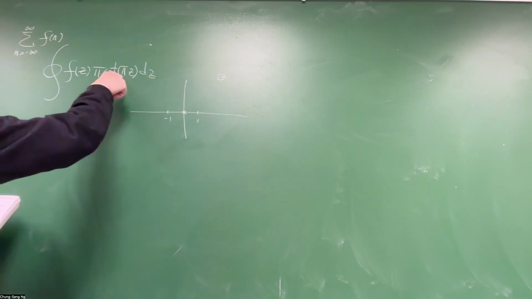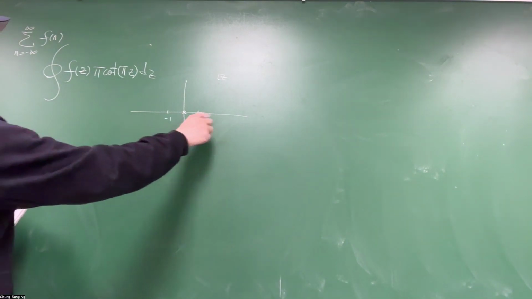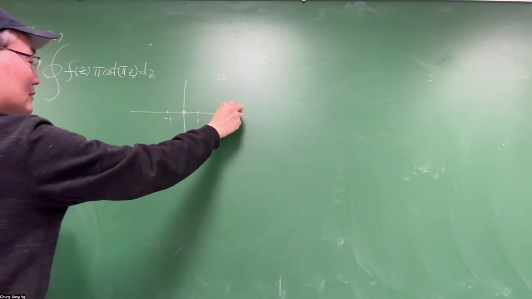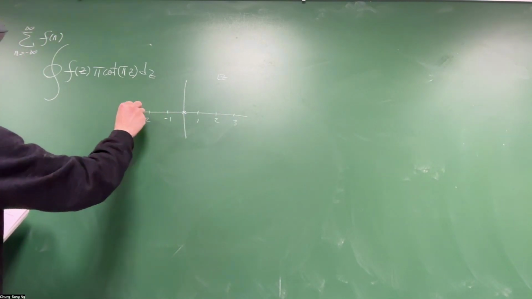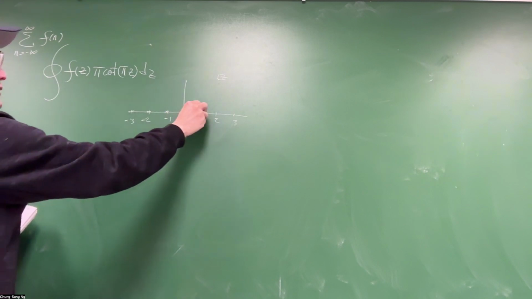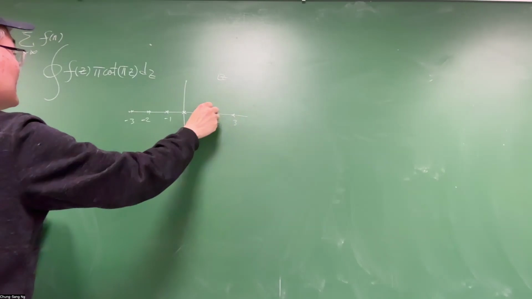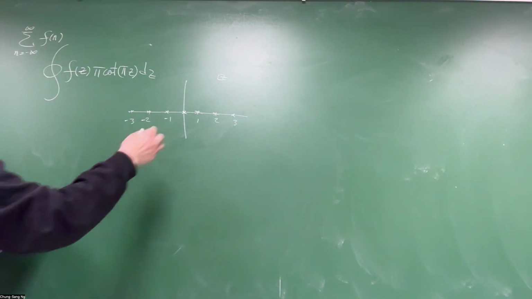So we have all the zeros of sine here: 0, 1, minus 1, because you multiply by pi to make it more convenient. All the integer points, 1, 2, 3, are poles. And there are other poles due to f. Whatever f is, there could be other poles somewhere.